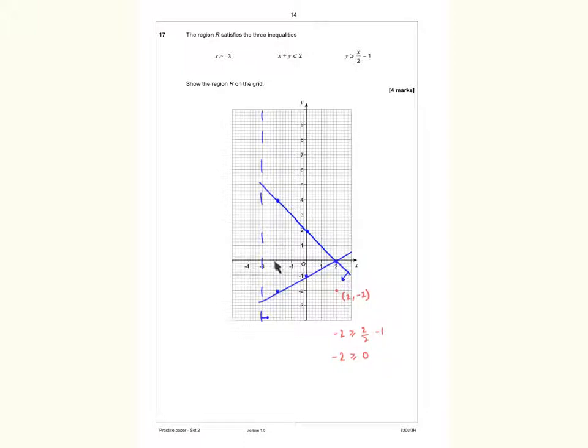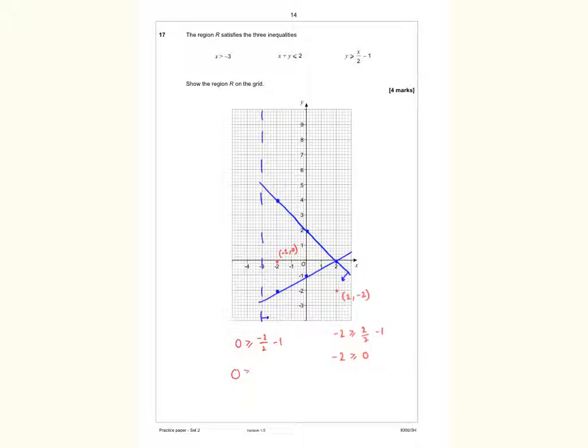Okay, so let's check this point here. So this point is x is negative 2 and y is 0. Again, I'm going to substitute into my inequality. So that's going to be 0 is more than or equal to negative 2 over 2, take away 1. Let's see if that's true.